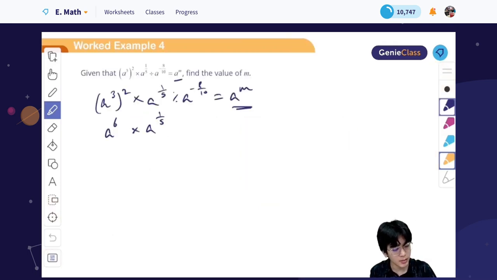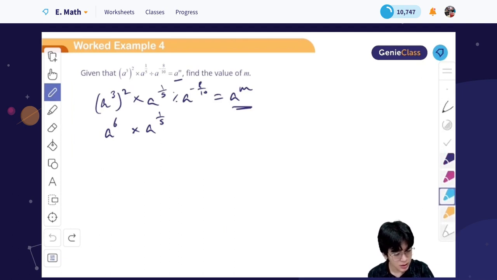Okay, let's go back and continue to simplify. If you see division, division means you will take the negative power. So we can write it as times a, you take the negative of whatever power is there, you'll end up with 8 over 10.